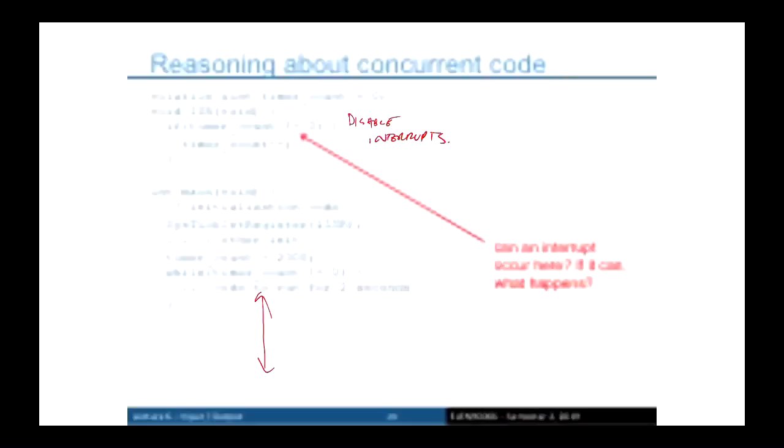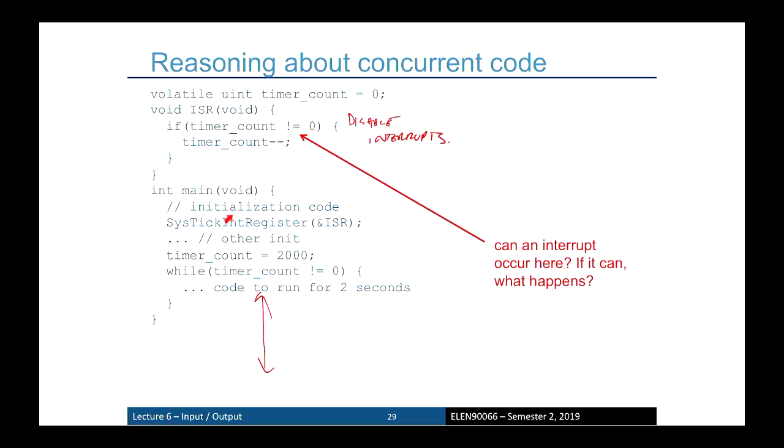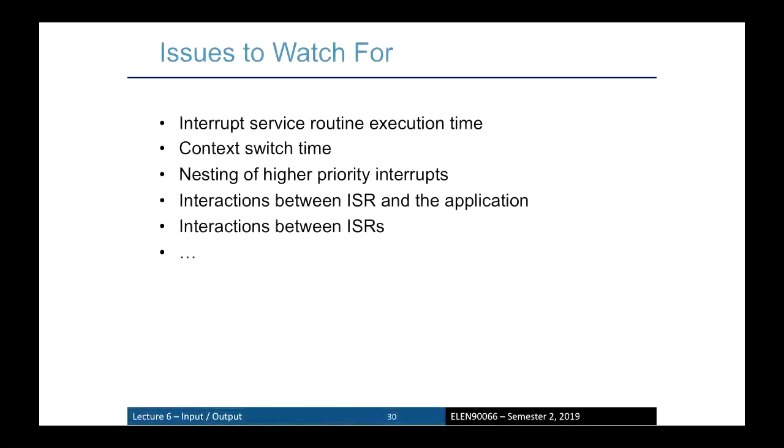So switching, when an interrupt comes, may take time. In fact, it takes quite a few cycles. Pushing the program counter onto a stack, pushing the registers onto the stack to remember what they were, and then branching to the interrupt service routine, doing what you've got to do, pulling everything back off the stack again. 1 millisecond later, it all happens again. Push the program counter onto the stack, push the registers onto the stack, etc. So the context switch time is important as well.